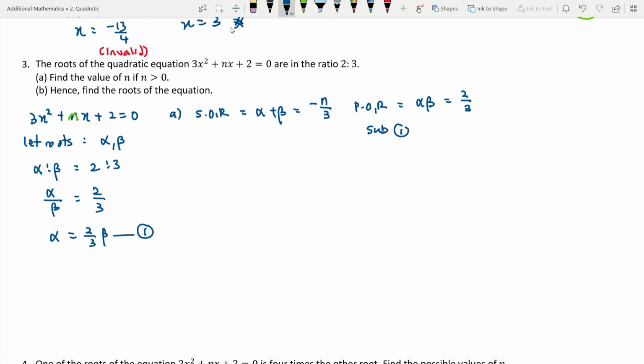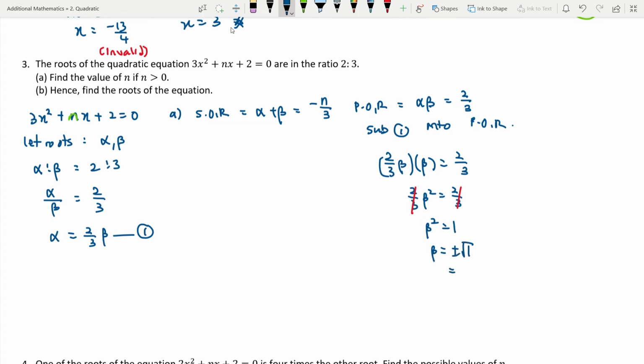Substitute equation 1 into the product of roots. 2 over 3 beta multiply with beta is equal to 2 over 3. 2 over 3 beta squared is equal to 2 over 3. Since we have 2 over 3 at both sides, we can just cancel them. Therefore, we get beta squared equal to 1. Beta is equal to plus minus square root of 1. So beta is 1 and negative 1.